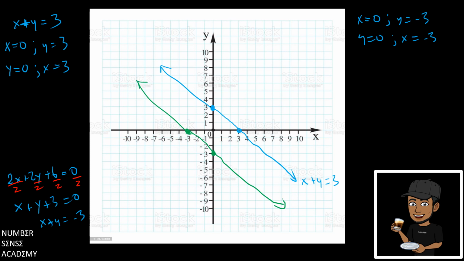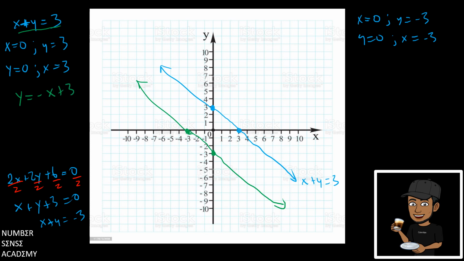So these look like parallel lines, and we can do a quick check. x plus y is equal to 3, so y is equal to negative x plus 3.